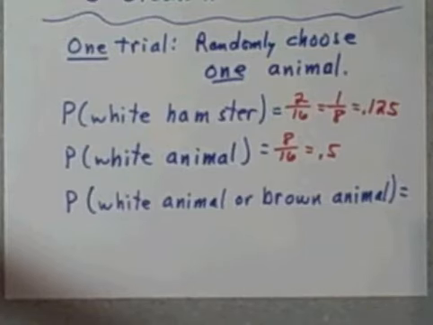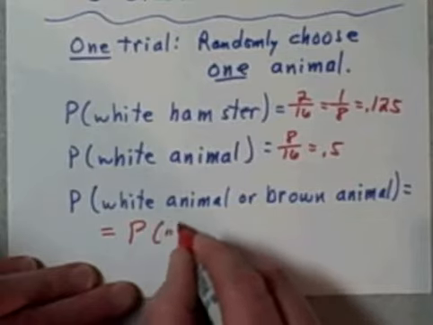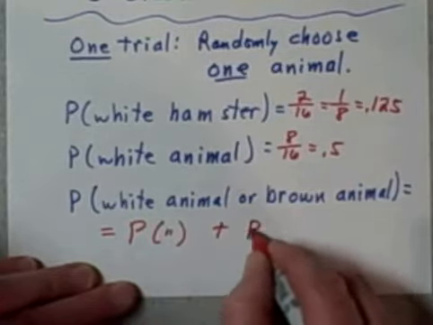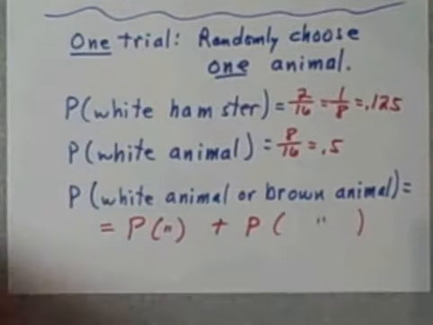So we use the simpler formula. The probability that we get a white animal or brown animal is just the probability of getting a white animal plus the probability of getting a brown animal. And the probability we get a white one, we already know, is 8 out of 16.